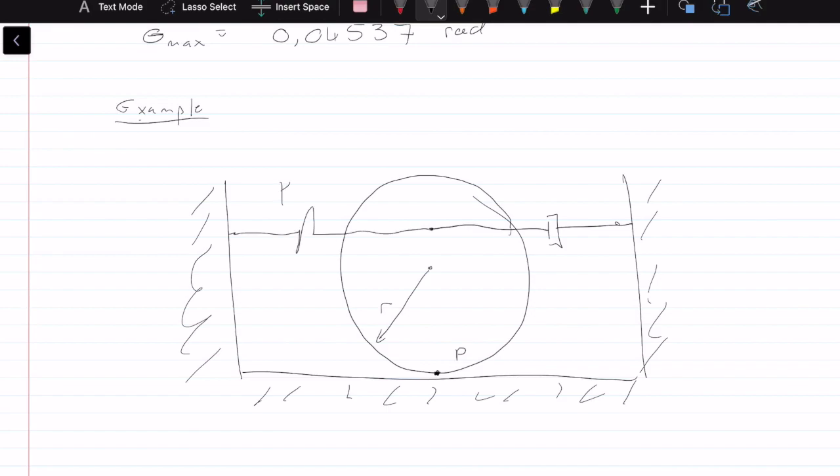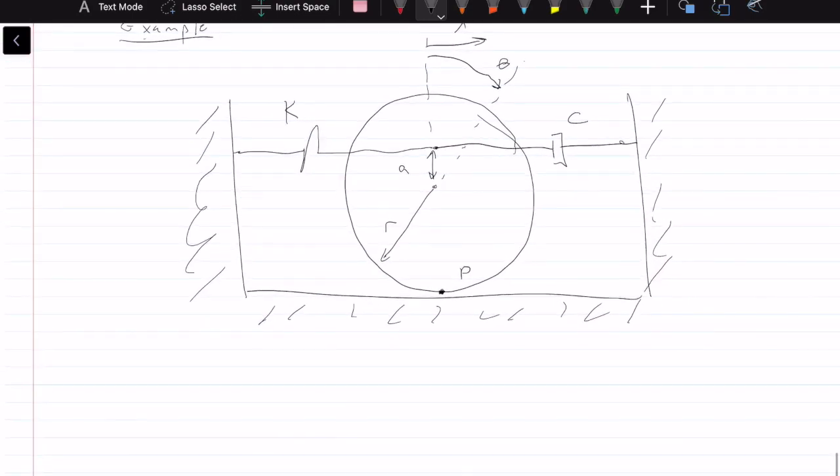Here we have value K, here value C. This distance here is A, and we have that as being the X coordinate, and that as being our theta coordinate system.